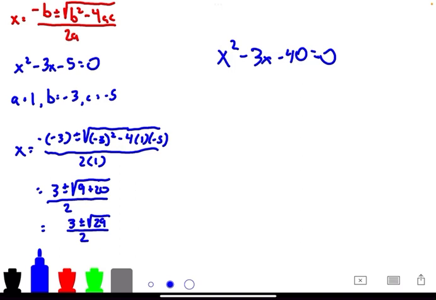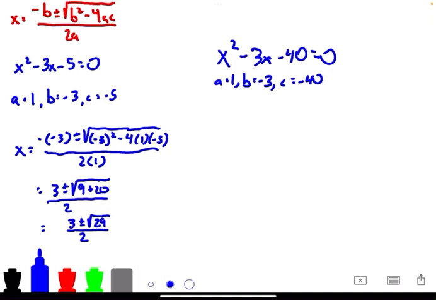So once again, in this case, a is equal to 1, which is the coefficient of x squared. b is equal to negative 3, which is the coefficient of negative 3x. And c is equal to negative 40.